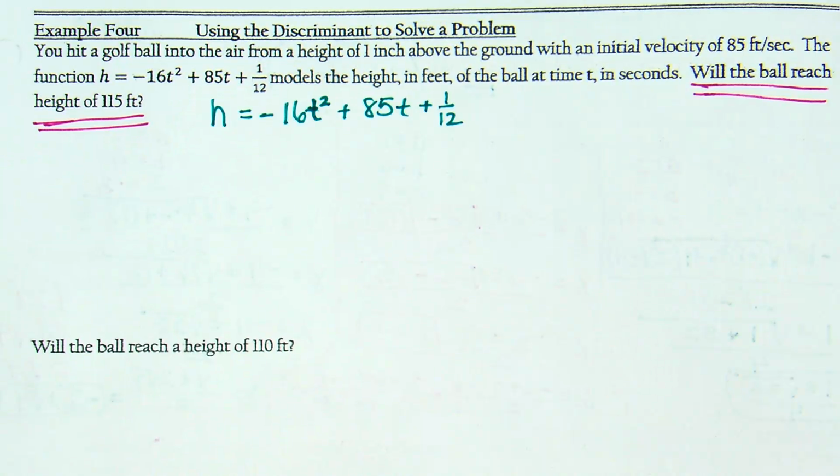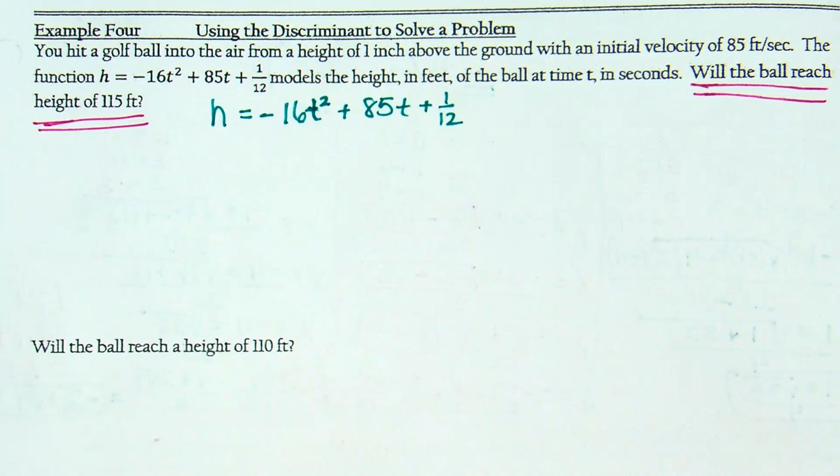Now, what's the thing I have to do before I officially get into my discriminant here? Okay, it has to equal 0, but before we do that, our question is asking, will the ball reach a height of 115 feet?